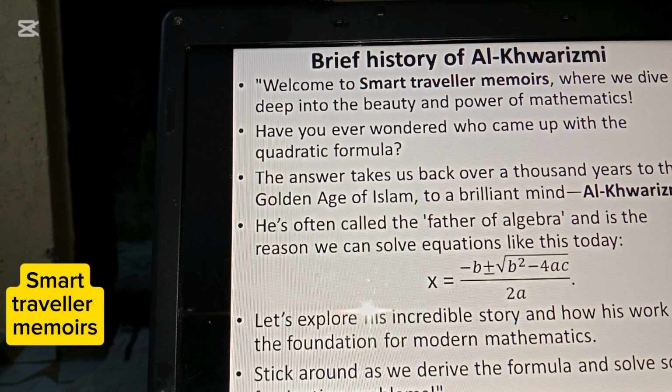He is often called the father of algebra, and is the reason we can solve equations like this today: x equals negative b plus or minus the root of b squared minus 4ac over 2a. Let's explore his incredible story and how his work laid the foundation for modern mathematics. Stick around as we derive the formula and solve some fascinating problems.